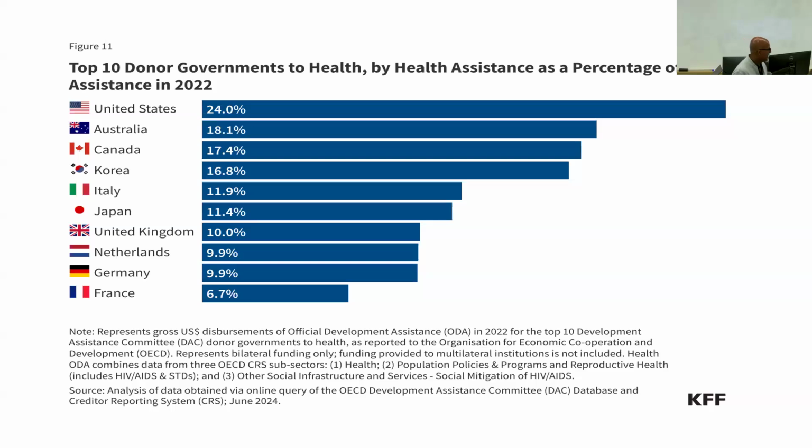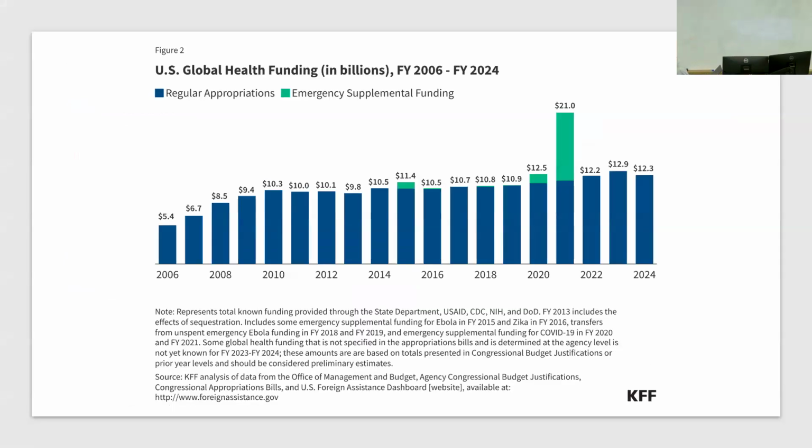These slides will be quick. Top 10 donor governments to global health in 2022. This is all from the Kaiser Family Foundation, a great source of data if you want to find that. Trajectory of global health funding from the United States itself over the last decade and a half. A lot of money. It's in billions.